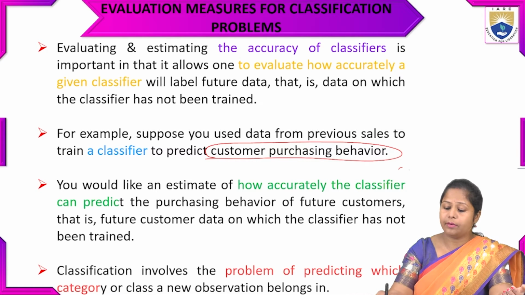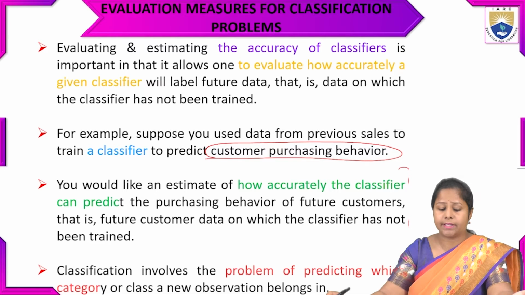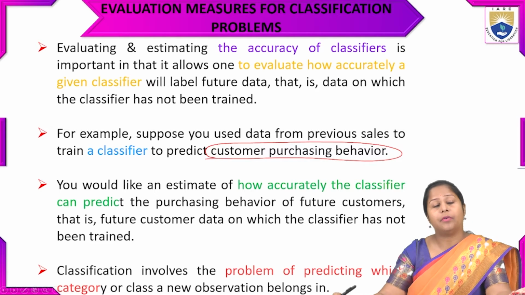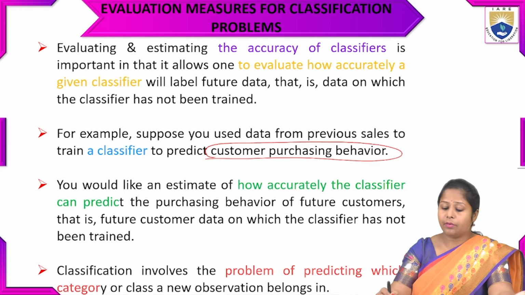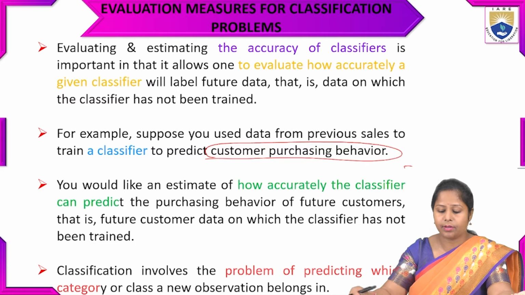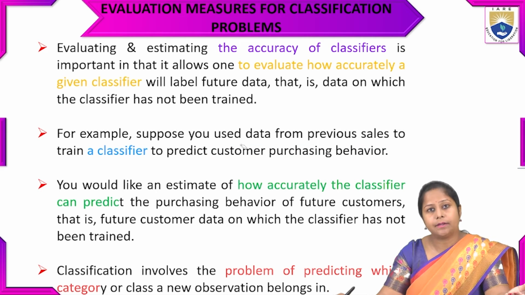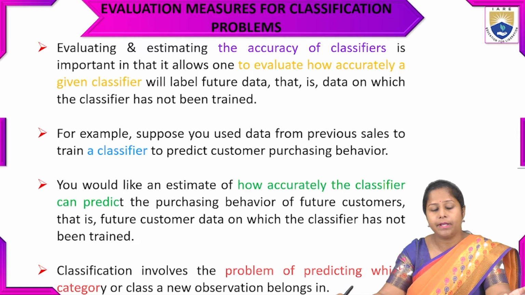You would like to estimate how accurately the classifier can predict the purchasing behavior of any future customer, which is data on which the classifier has not been trained. For that estimation and evaluation, classifier accuracy is used.